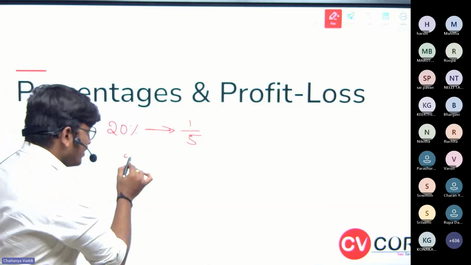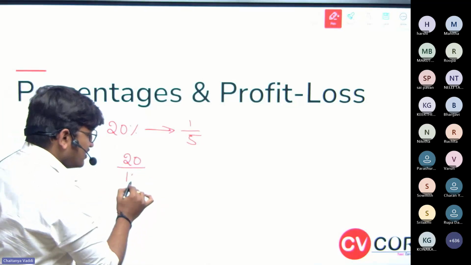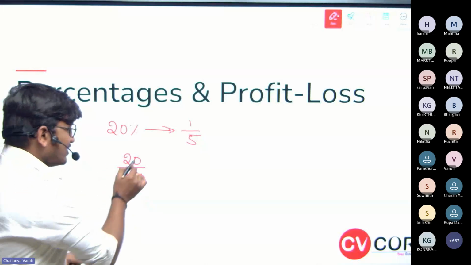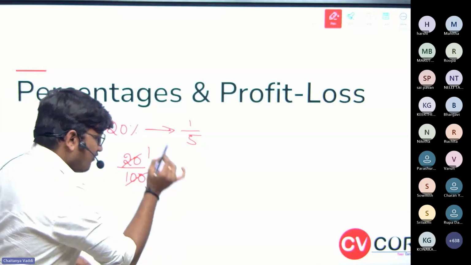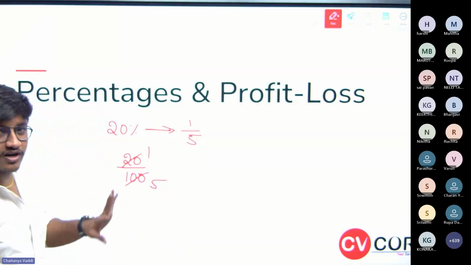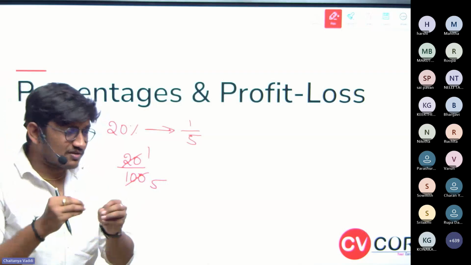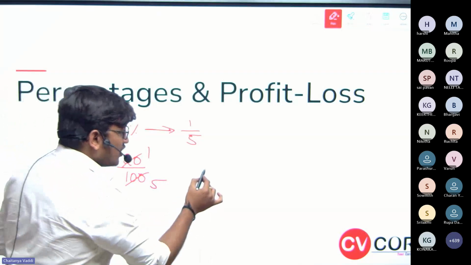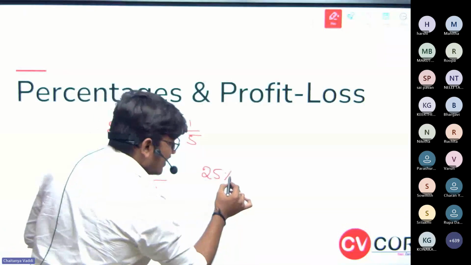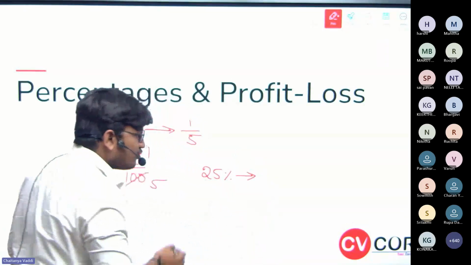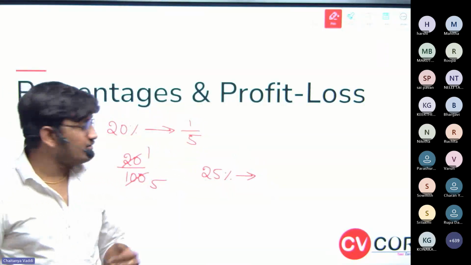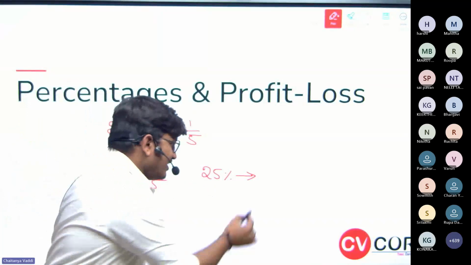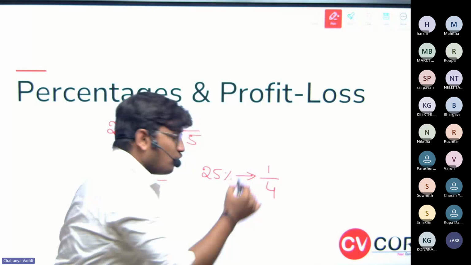When you write 20%, it is 20 by 100, correct? 20 by 100 means 20 once, 20 five times. This is how we should convert. At least we should remember some basic and standard conversions in percentages. Let's say 25%, can you guess what the fraction of 25% will be? Yes, exactly, it is 1 by 4, correct?